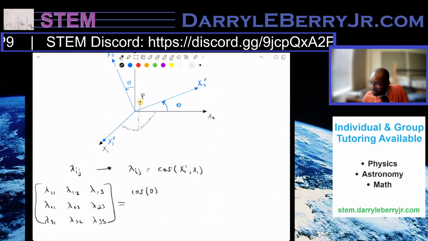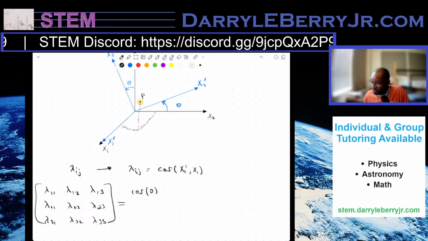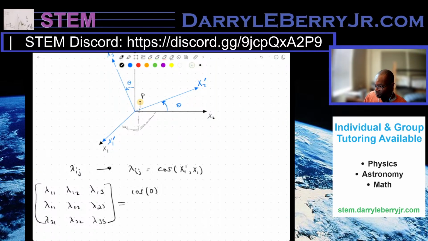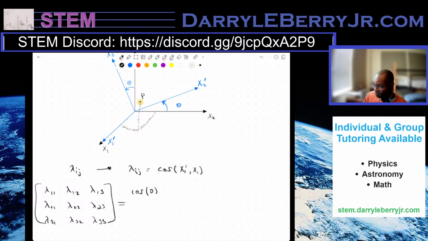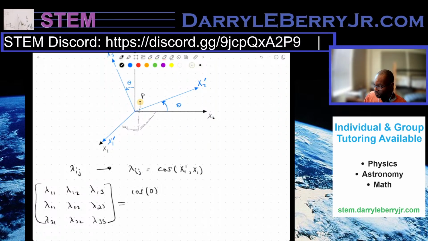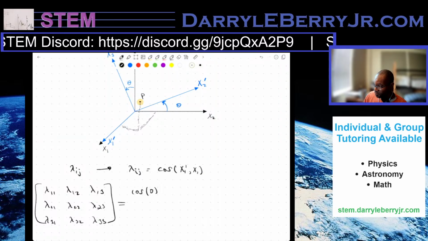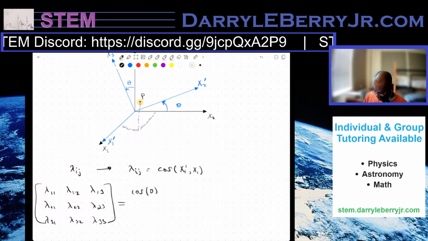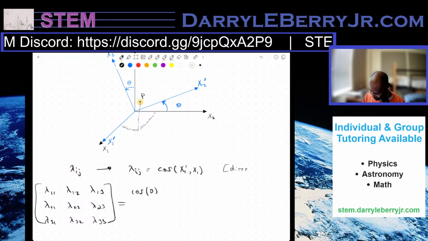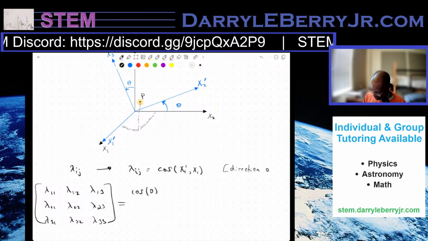It was x1, then the angle between them. So these are just the direction cosines. So this is the direction only.